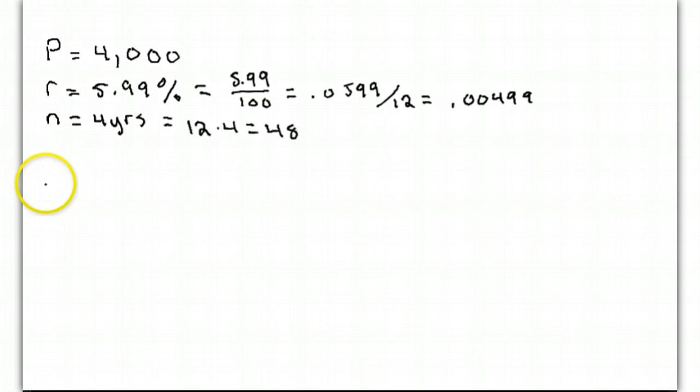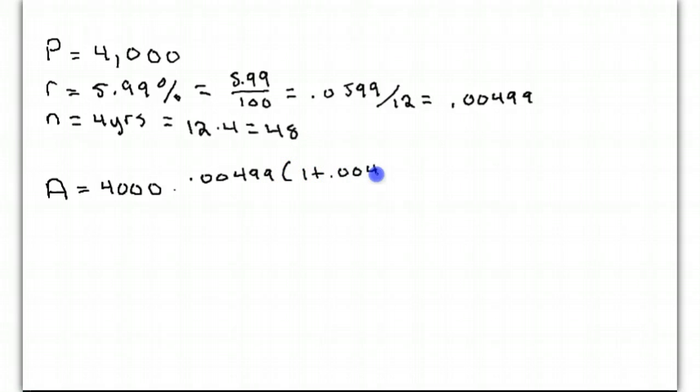So the formula is going to be A equals the principal. The principal is 4,000, and you multiply that by 0.00499, open parentheses, 1 plus 0.00499 to the power of 48.